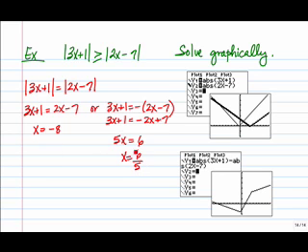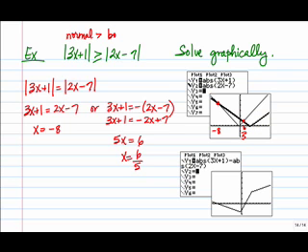Now, what do those points tell us? If we input the left side into y1 and the right side into y2, and I've darkened the second one, where those intersect are those x values that I just found, right at negative 8 and at 6/5. And then I'm trying to find where the lighter one, or the normal graph, is greater than that bold graph.